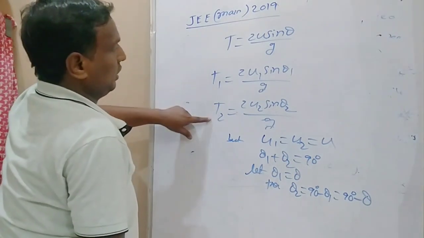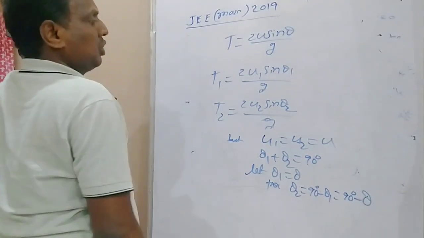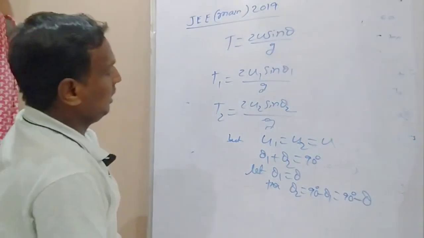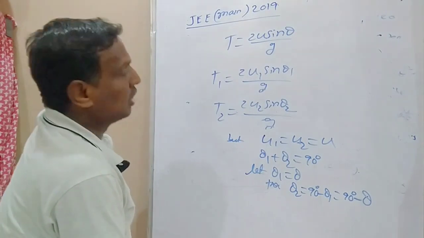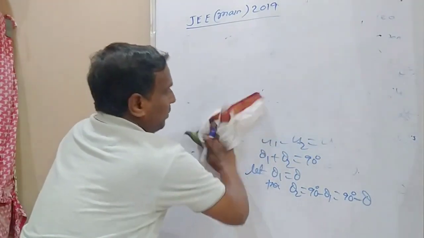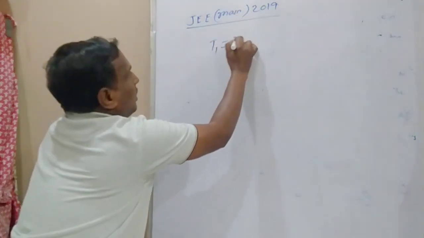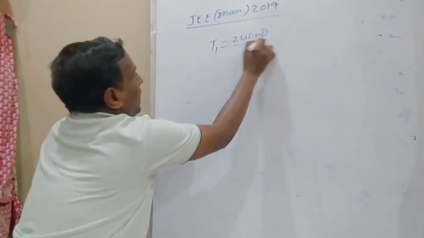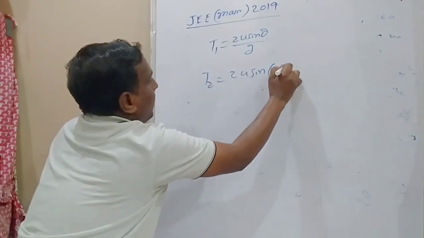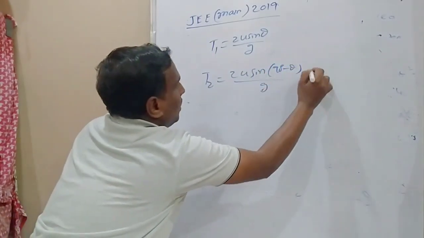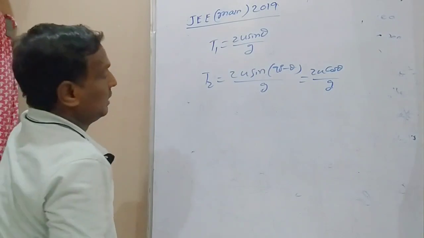Okay. So now we can use these relations in the equations. T1 equal to 2u1 sin theta 1 by g, T2 equal to 2u2 sin theta 2 by g. But u1 equal to u2 equal to u, theta 1 equal to theta, and theta 2 equal to 90 minus theta. Now substituting here, T1 equal to 2u sin theta by g, and T2 equal to 2u sin of 90 minus theta by g, this is nothing but cos theta. Now we want the product.